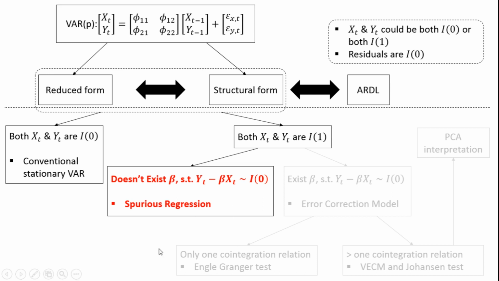We can determine whether there is a spurious regression using the augmented Dickey-Fuller test. The situation in which we accept the null hypothesis in the Dickey-Fuller test means that there is a problem of spurious regression.